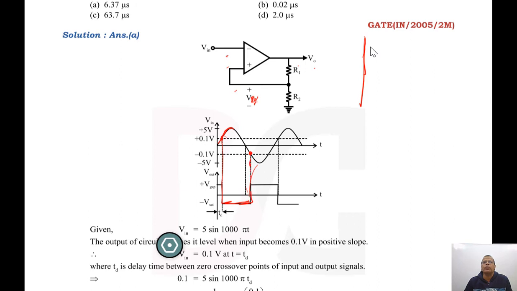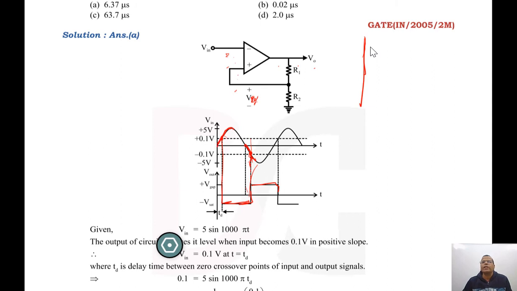The moment input becomes more negative than minus 0.1 volt, the differential input becomes positive and output becomes positive from this point onward, and that cycle repeats. See it carefully. You have to find this period.